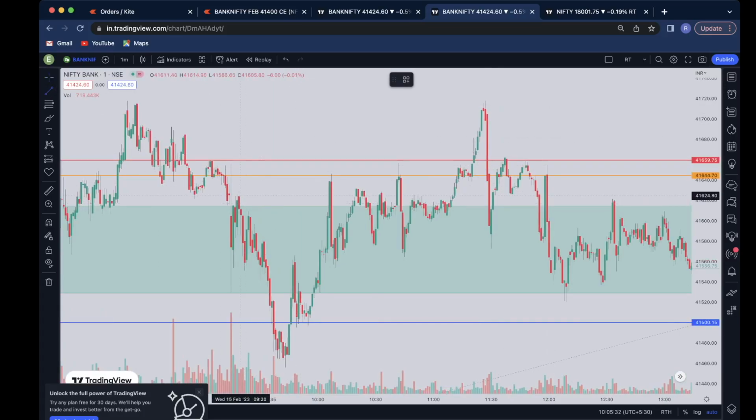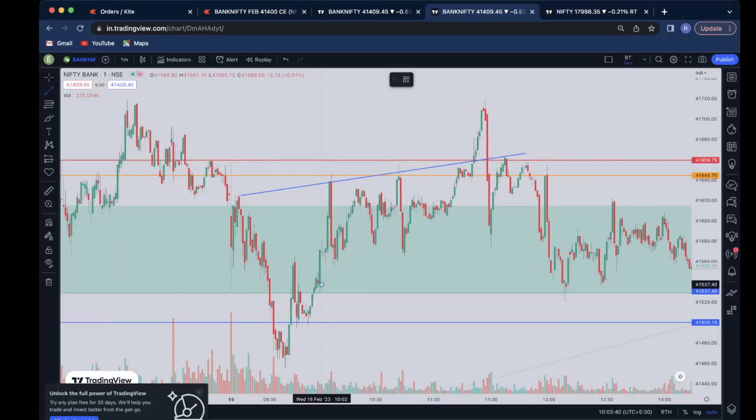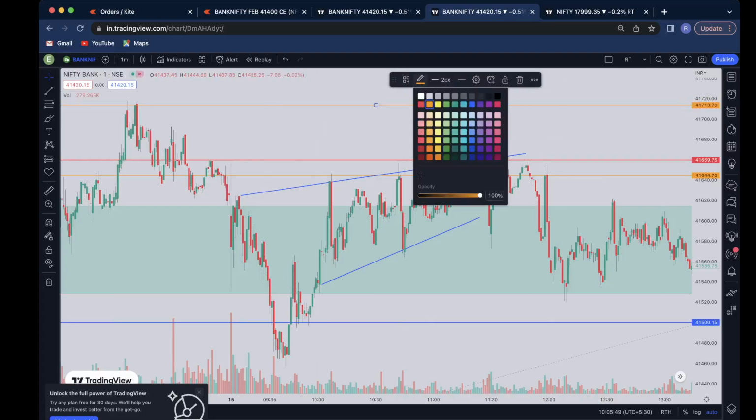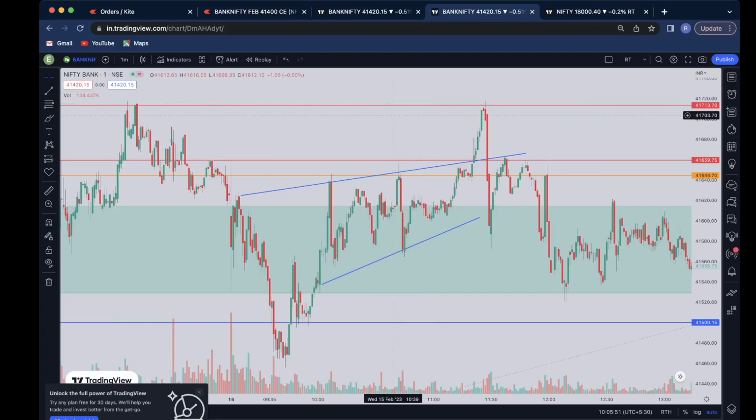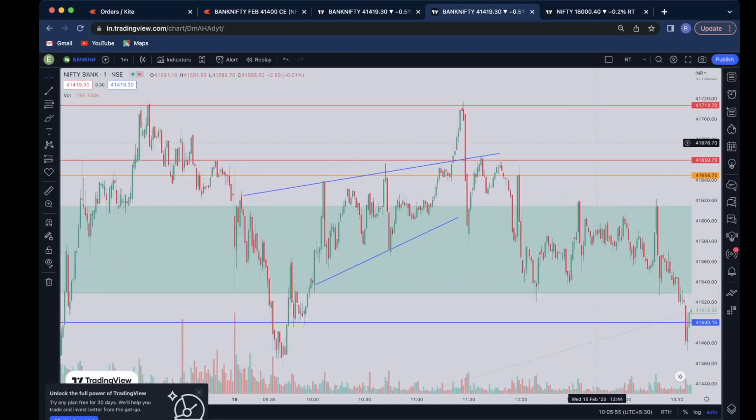I discussed this in detail in yesterday's video. Here, this is another channel or wedge, whatever you like to call it, where I had made a position around here, and this was a resistance level. So what I'm trying to say is that if the market intends to go down, a seller has to be active there.